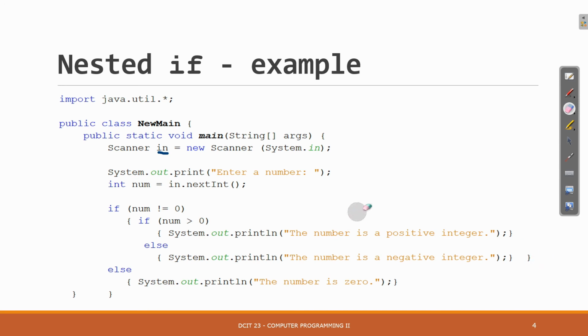So this one, let's try to have negative 10 for num. Okay, so if we have negative 10, negative 10 is not equal to 0, so technically this will be true. Again, pasok siya dito sa inner if. Okay, so again, negative 10 greater than 0. So negative 10 is not greater than 0.